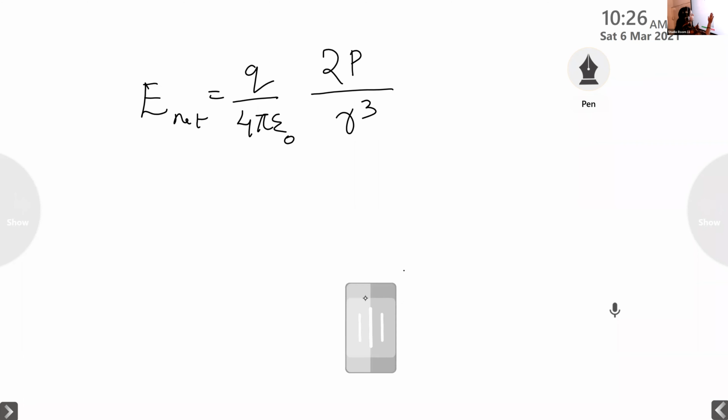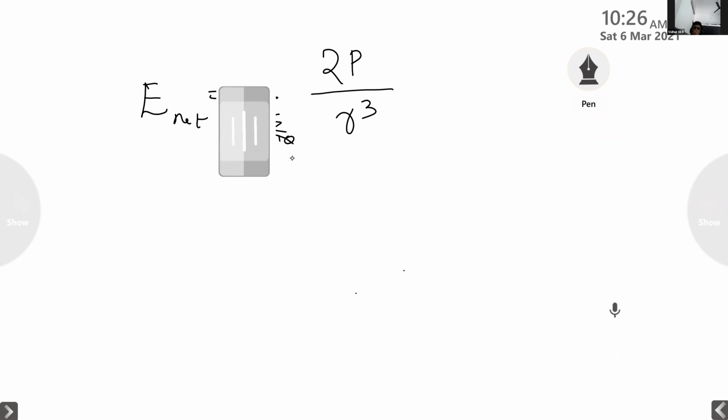Is it clear? Sorry, the Q into 2L gets combined into p. So it is 1 by 4 pi epsilon 0, 2p divided by r cube.